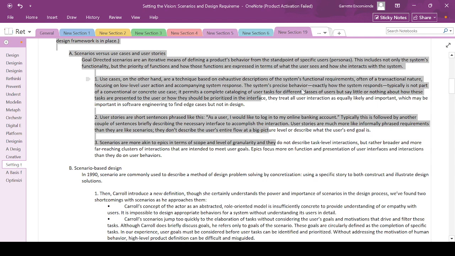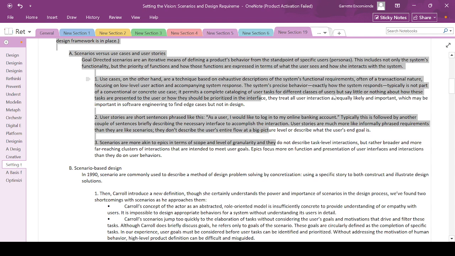So the system's precise behavior, exactly how the system responds, typically is not part of a conventional or concrete use case. So the system's precise response to those inputs, to those functions, is not included in a conventional or concrete use case. It permits a complete cataloging of user tasks for different classes of users.